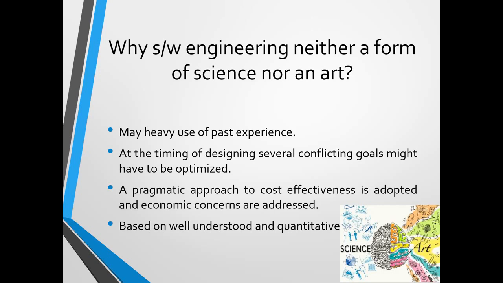They should understand the whole system at first. But on the other hand, in case of art, it is often based on subjective judgment. That subjective judgment is actually based on qualitative attributes, not quantitative. So software engineering is not an art also.